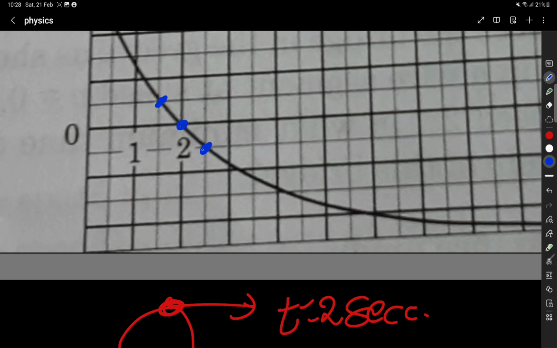So they want us to use these 3 points. So how can we do this?